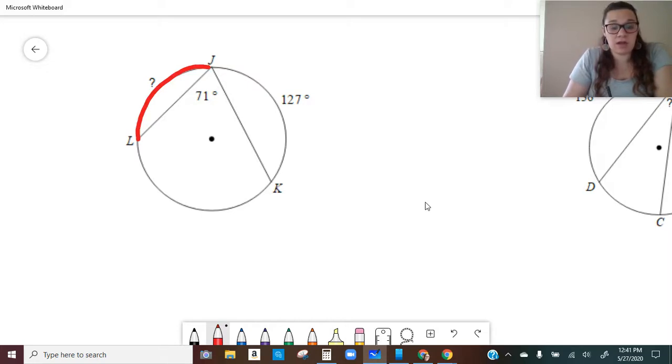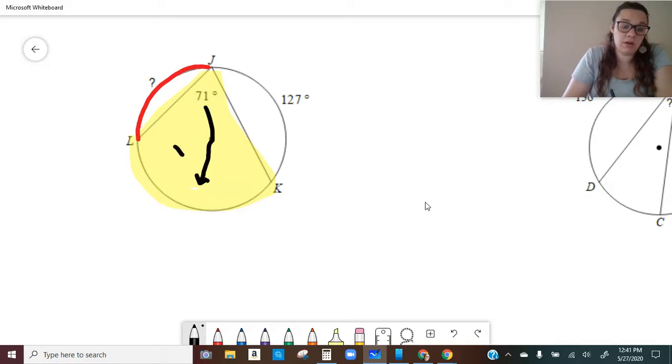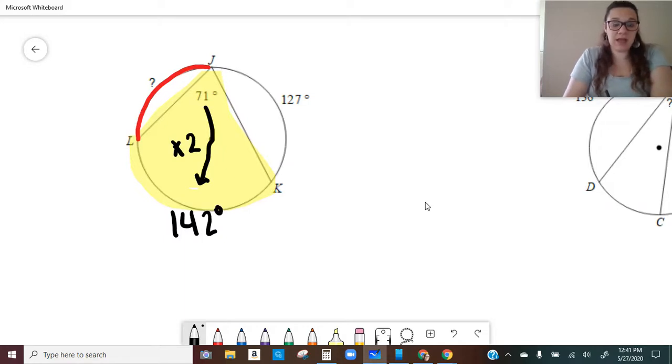I don't have arc KL though, but I can sure get it because notice arc LK comes from this inscribed angle 71. So if this is 71, then I just need to double it, times 2. 71 times 2 is 142. And now I can see I've got everything around the circle except for my question mark arc.